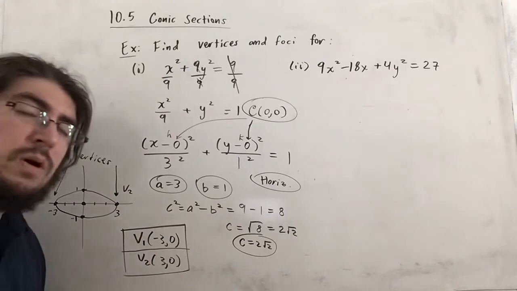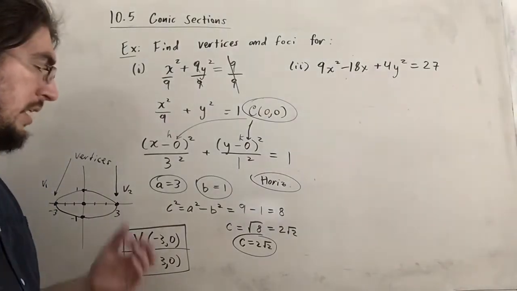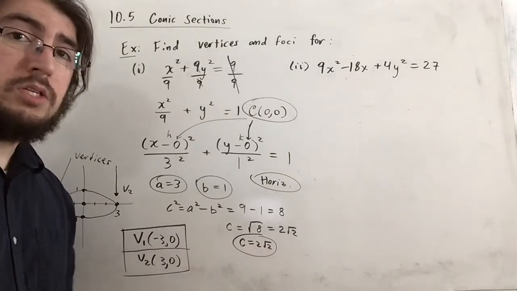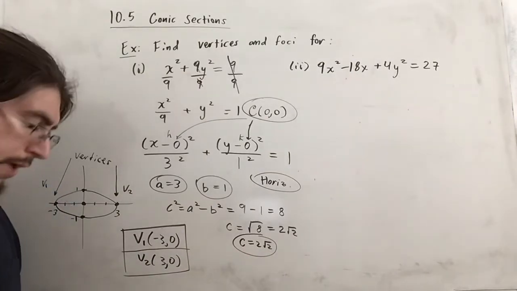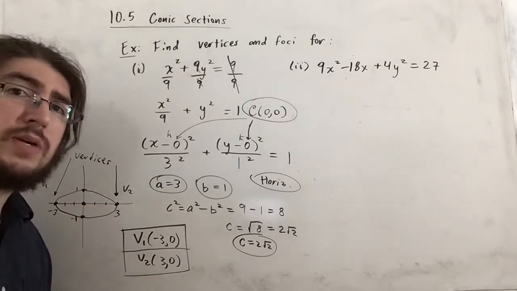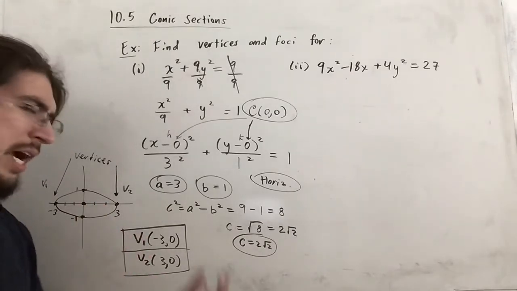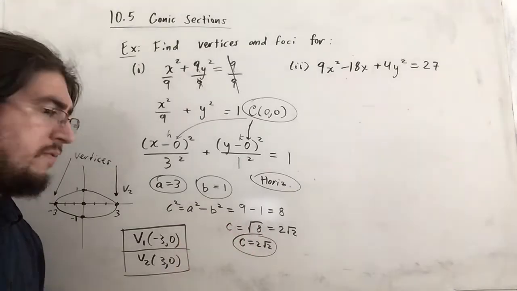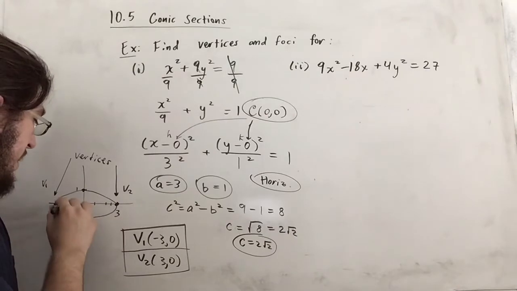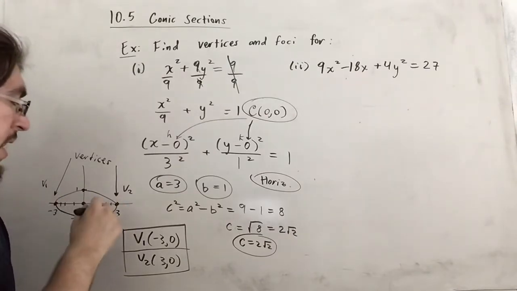But now we also want the foci. We know the distance from the center to the focus, to any focus, is 2 radical 2. All right, so, well, where 2 radical 2 exactly is, you can use your calculator. It's about 2.8. I just know that because radical 2 is about 1.4, and double that's 2.8. So it's going to be really close to 3 here and here. So in any event, you can label these.